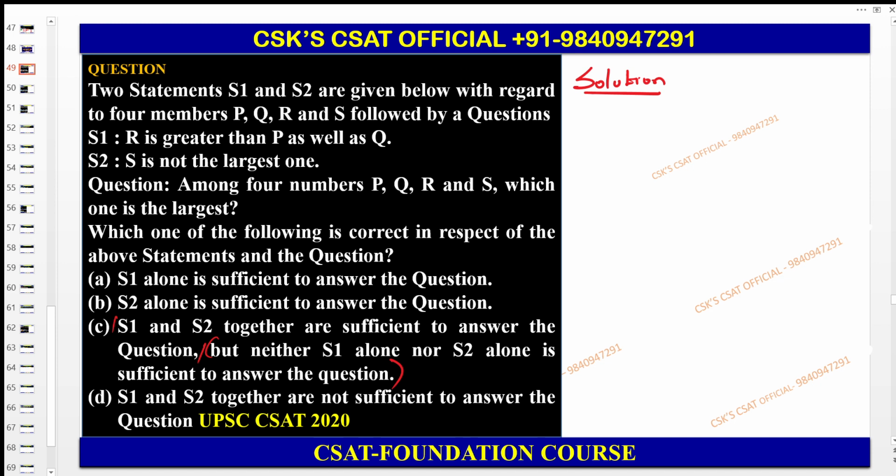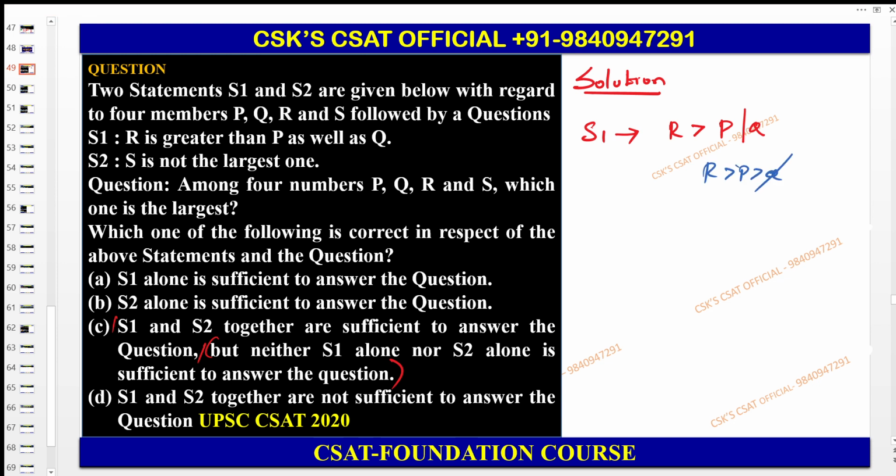According to statement number 1, R is greater than P as well as Q. But you don't know any information regarding P and Q, so you should not write like this.